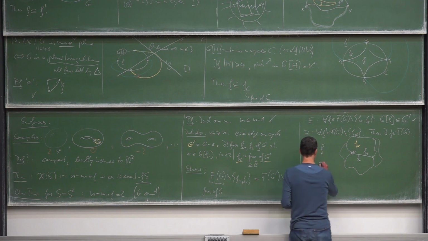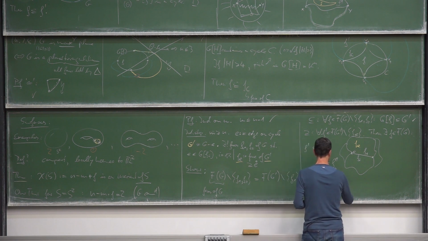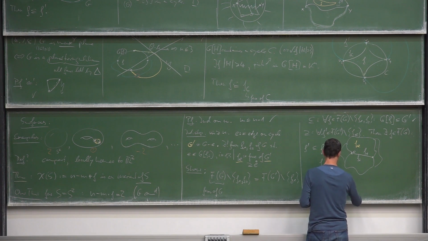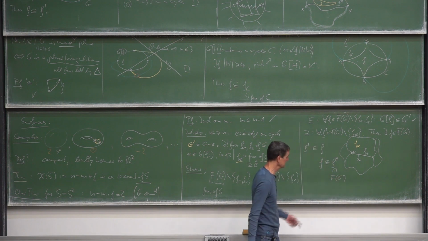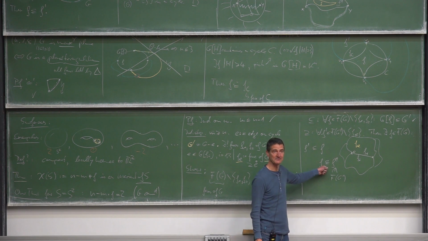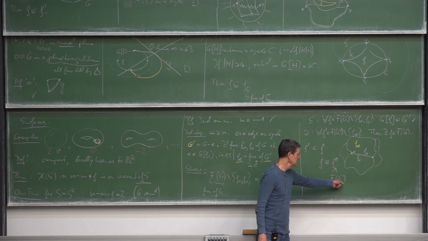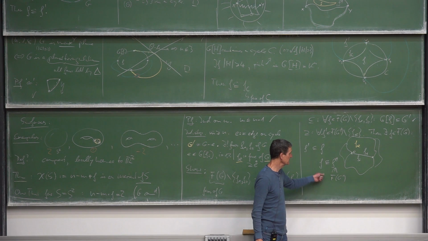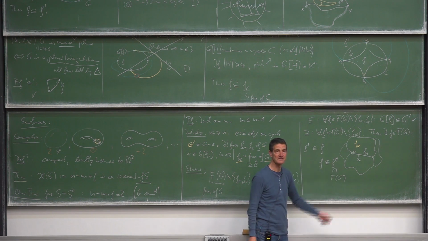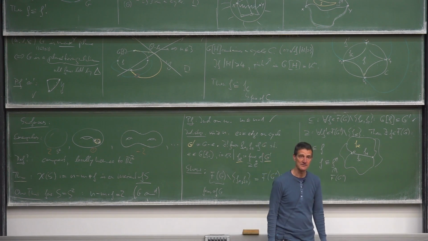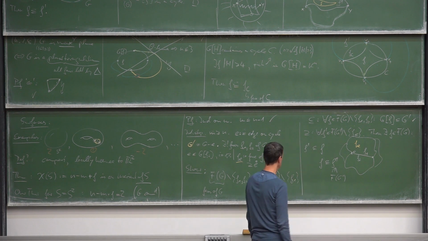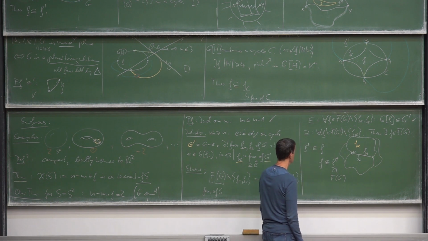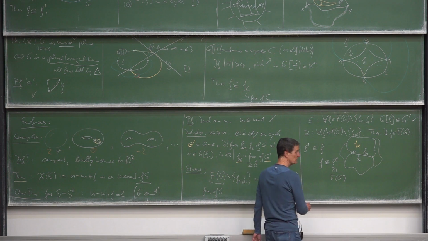Yes, but by the other argument, we also know that F is a subset of some face of G prime. Now, this is the right way around. So G prime is the smaller graph, G is the bigger graph, and every face of the bigger graph is contained in a face of the smaller graph. Okay, but what do we have now?